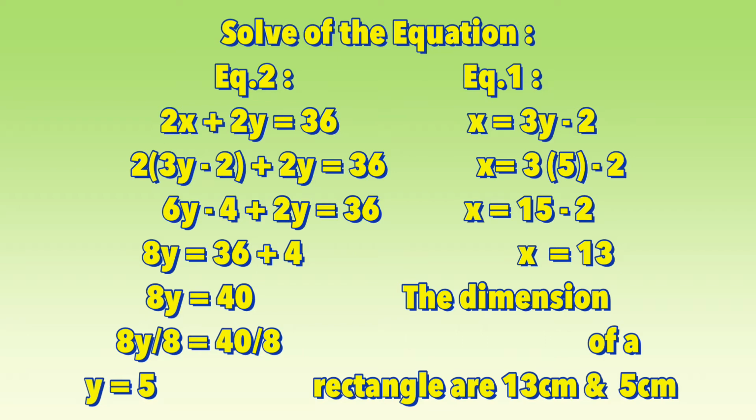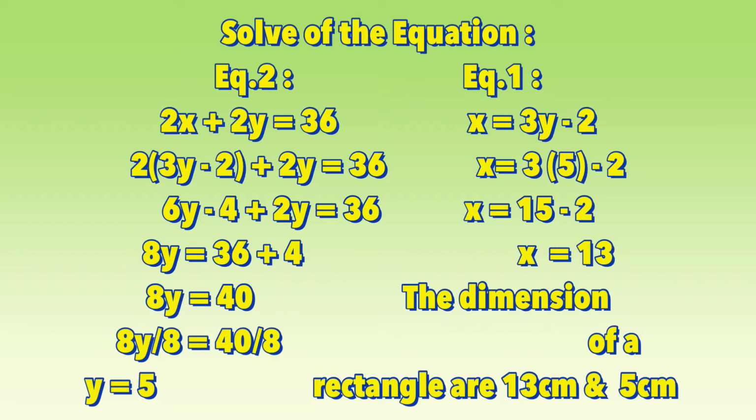To solve the equations, we will use the substitution method. Using equation 2, 2x plus 2y equals 36, the value of x is 3y minus 2, so we substitute: 2 times (3y minus 2) plus 2y equals 36.